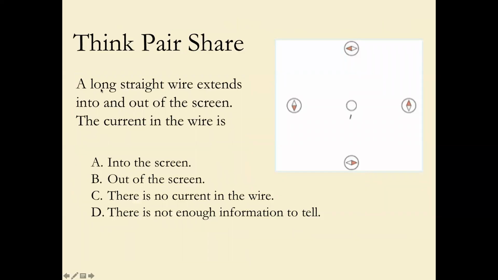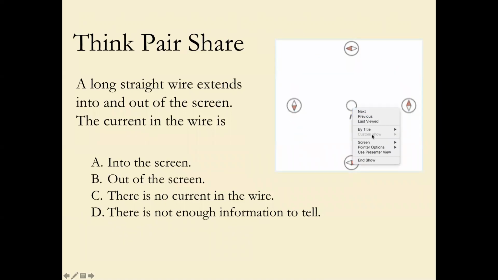And here, there is a think pair question. First of all, read the question and try to answer it by yourself. And now let me try to explain how you will find out. In the question, it says that there is a long straight wire. This is the wire.